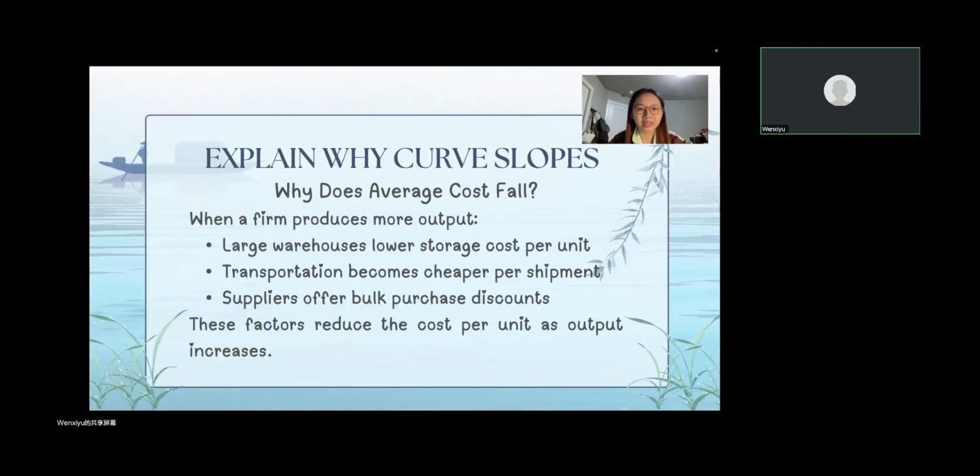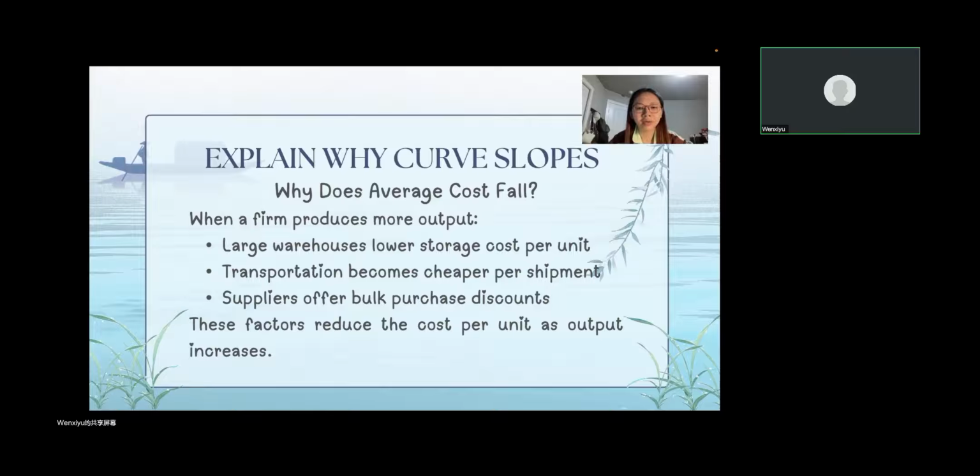So why does the average cost fall as output increases? Several things can happen when a company operates at a larger scale. For example, large warehouses can reduce storage costs per unit. Transportation becomes cheaper per shipment when companies move goods in larger quantities.